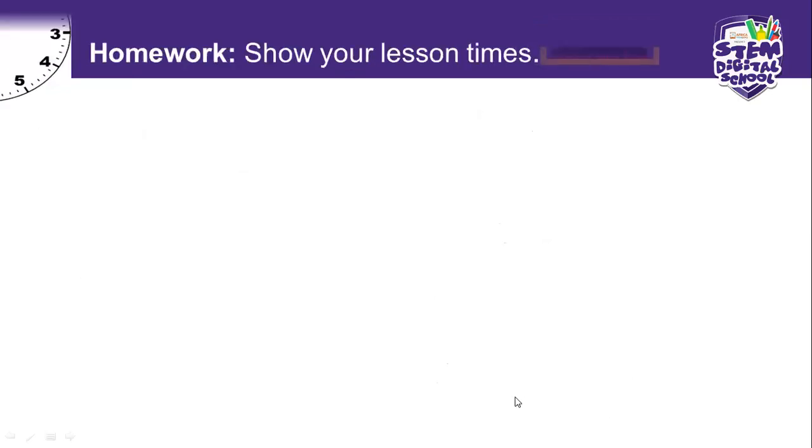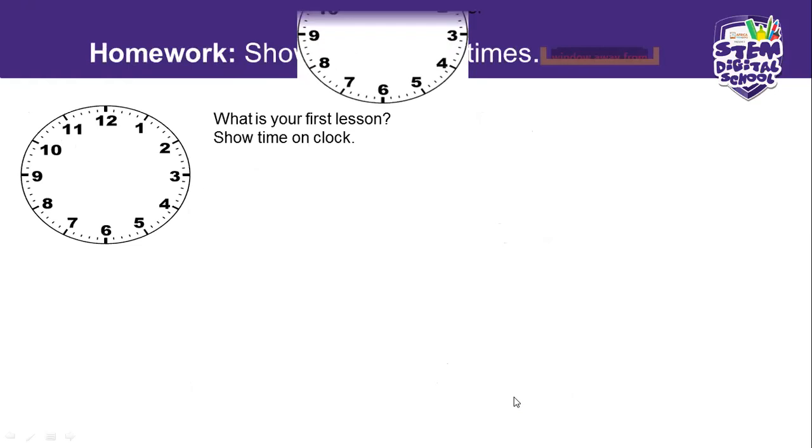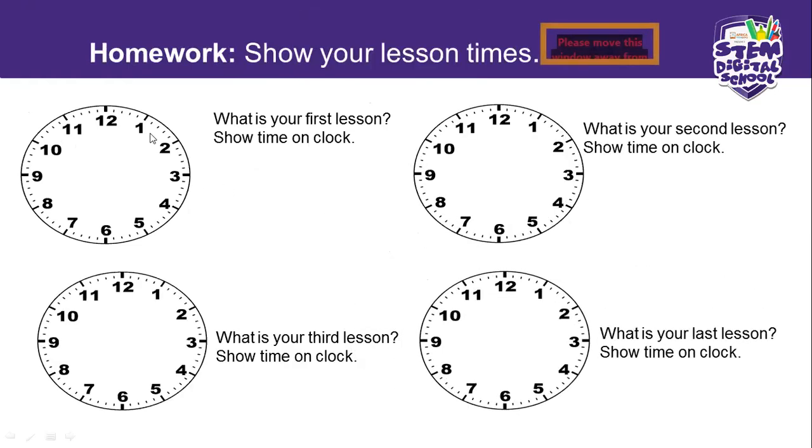And then the second part is that we still have the same clocks, but this time you're going to tell us what your first lesson is, and then represent the time of your first lesson. What's your second lesson, and then you're going to represent the time on the clock. What is your third lesson? You are going to represent the time when your lesson starts, and then also your last lesson.